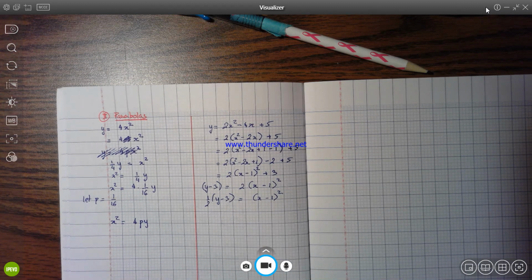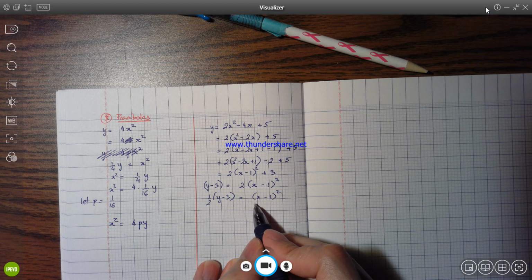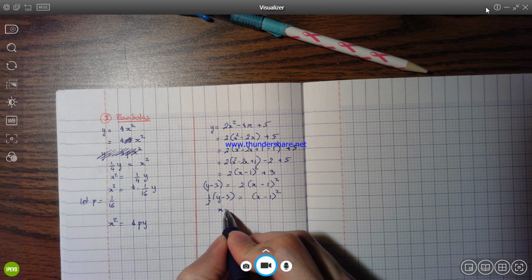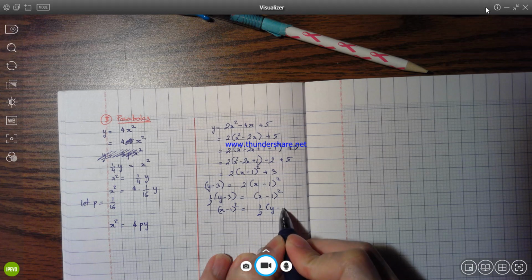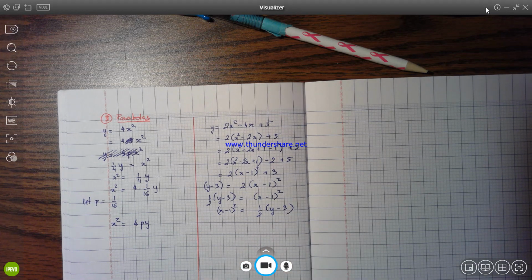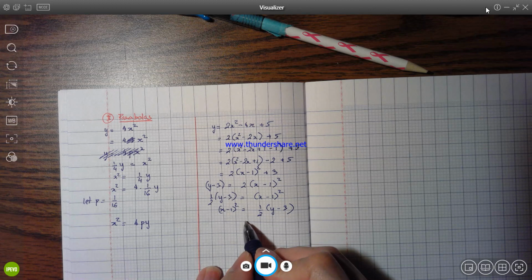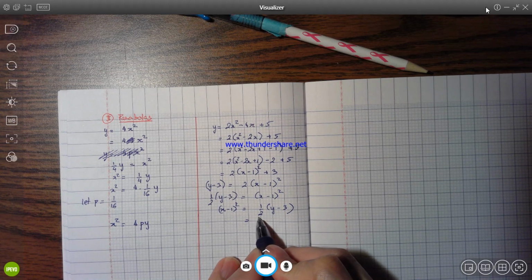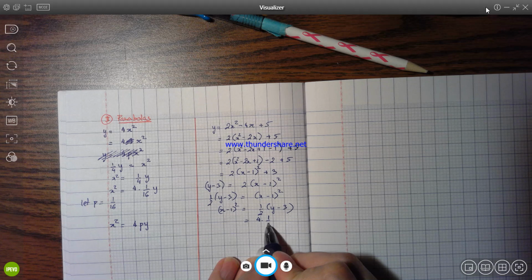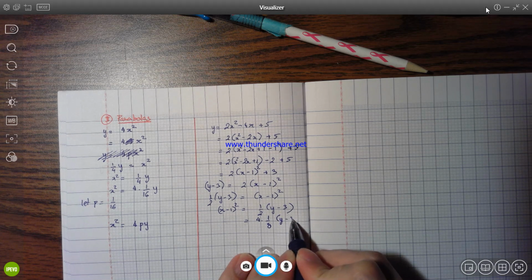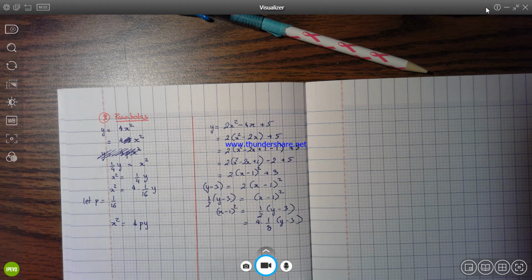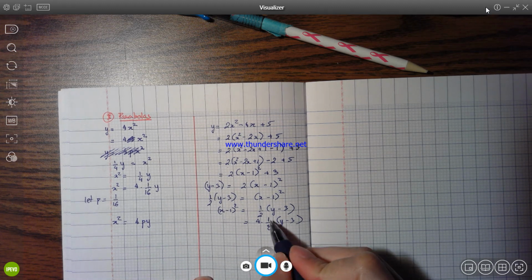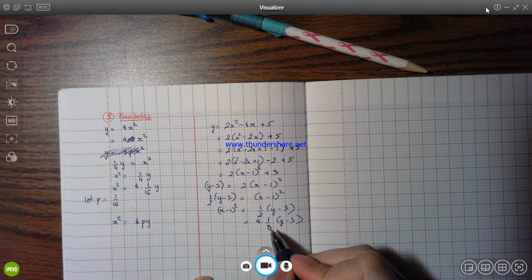Okay, and over here, I'm gonna rewrite it, so x minus 1 squared equal to 1 over 2 y minus 3. And this one I can also write as 4 times 1 over 8 y minus 3, right? Because 4 divided by 8 gives you 1 over 2. Okay. All right. Now I'm gonna give 1 over 8 a variable p also.